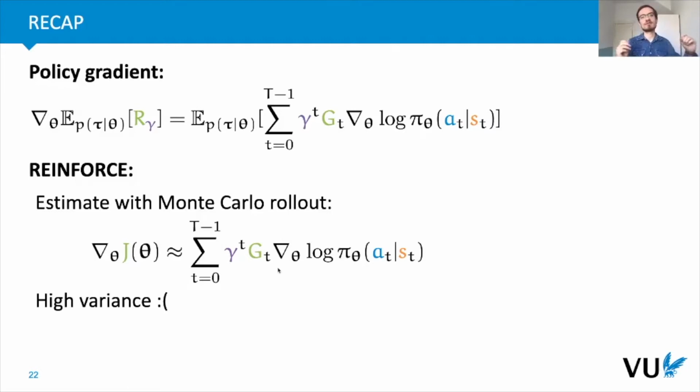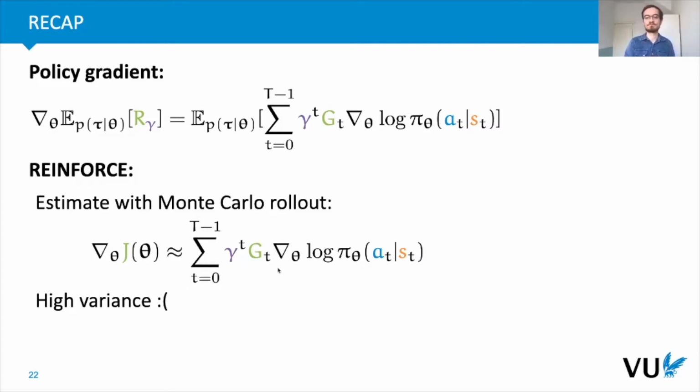On average, it's going to go to the right point, but it's just going to be so noisy that you often aren't able to control it, and you need a very low learning rate, for example, to be able to get an improvement. So ideally, we want to reduce this variance and get more stable results.